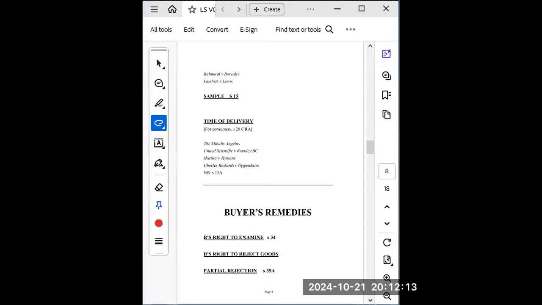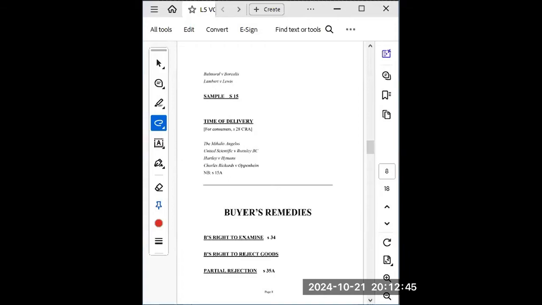Note, please, that section 15A applies to sections 13, 14, and 15 of the Sale of Goods Act. But no matter how little the breach is, time of delivery is always treated as a breach of condition, and section 15A has no application at all to time.